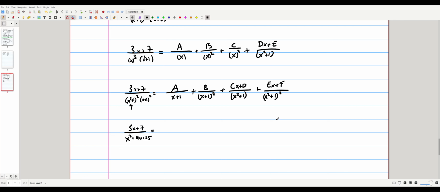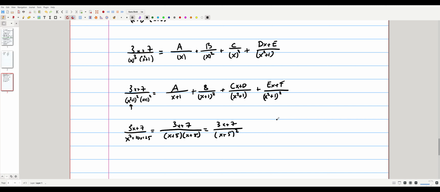If you take a look at x squared plus 10x plus 25, you're looking for two numbers that multiply to 25 and add to 10. So the factored form would be x plus 5 times x plus 5, and we would rewrite that as 3x plus 7 over x plus 5 squared.